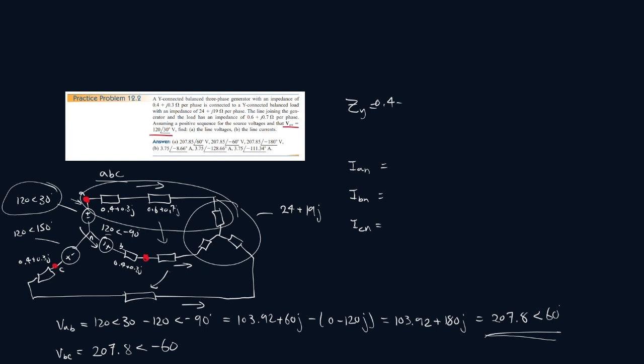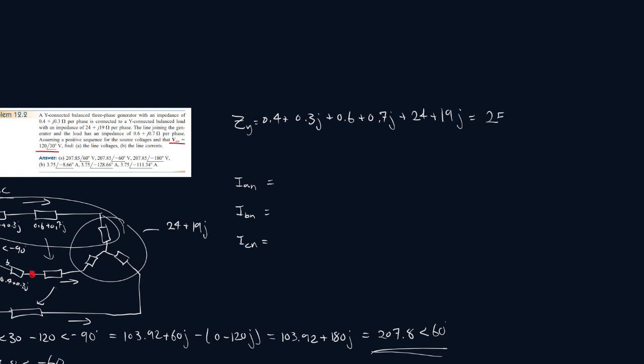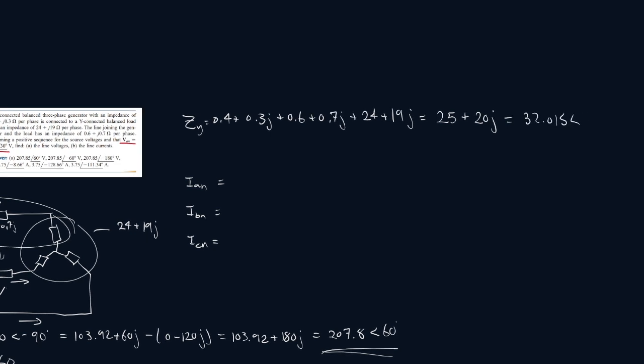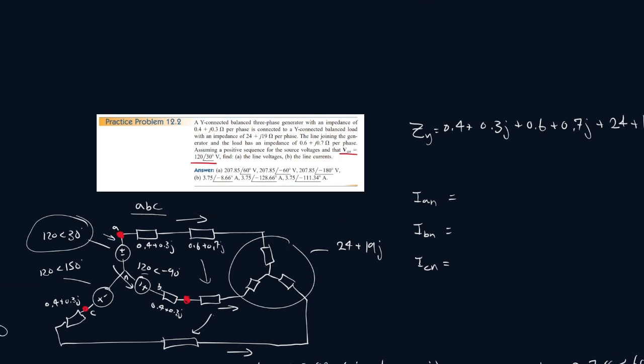It'll be 0.4 plus 0.3j plus 0.6 plus 0.7j plus 24 plus 19j. And that gives you 25 plus 20j. In phasor format, that's 32.015 phasor 38.66 degrees.